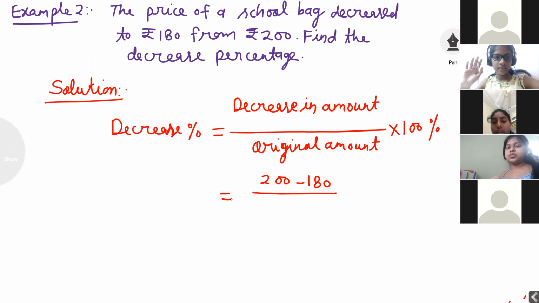No, 180 is not the answer. From 200 it has decreased, so 200 is the original amount. The price was 200 rupees, the shopkeeper has given a 20 rupee discount, which means 180 rupees is the final value. Original is 200 only, into 100%.